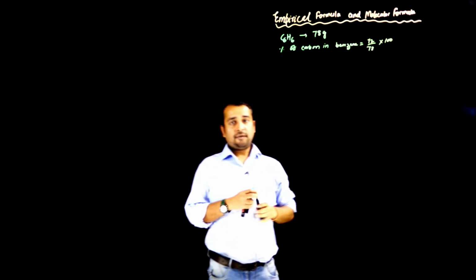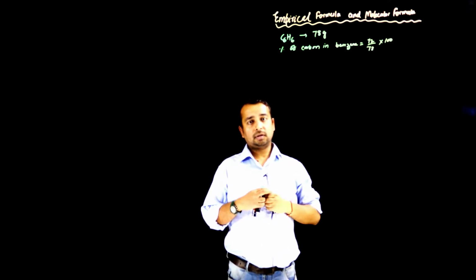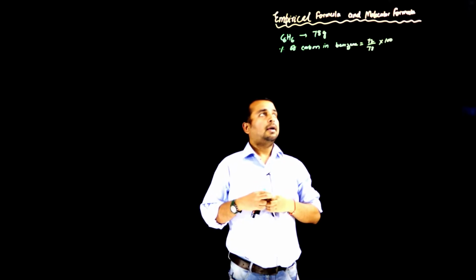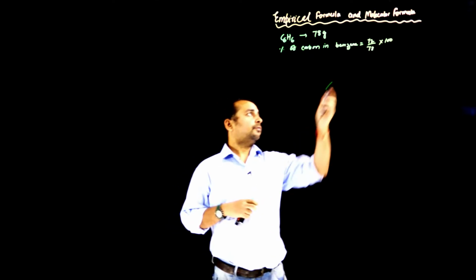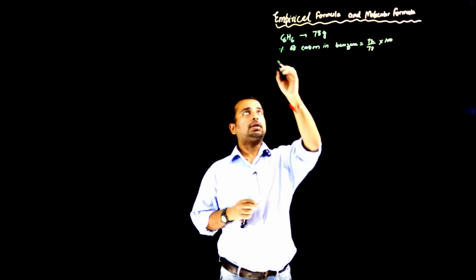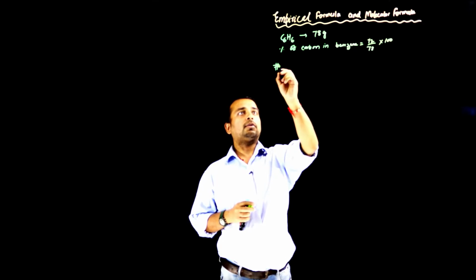Similarly, if we know the percentage composition of the compound and the molecular weight of the compound, it is possible to deduce its molecular formula. So how do we do it? First of all, we'll see what is empirical formula.